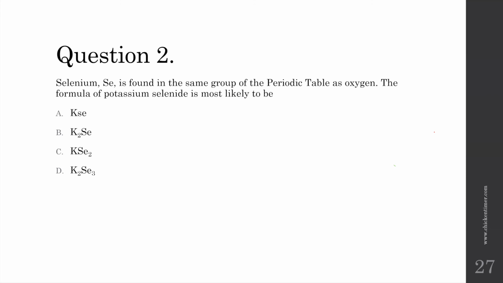The formula of potassium selenide is most likely to be which one? D. Why? Because the group says the charge is 2 minus. Then potassium is in group 1. Crisscross, then K2Se. Can you remember?